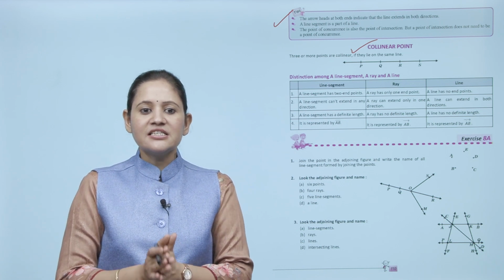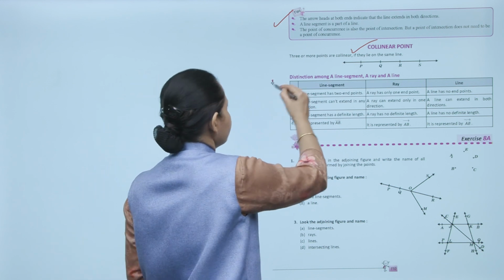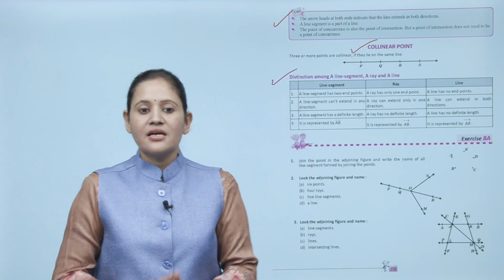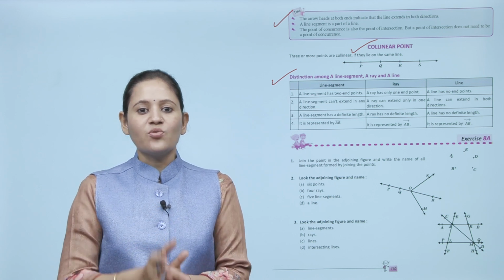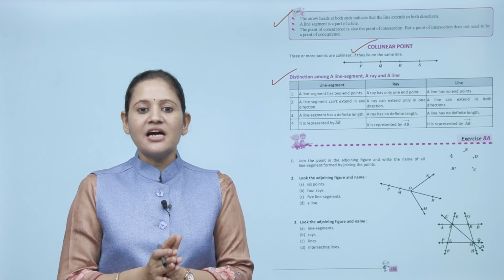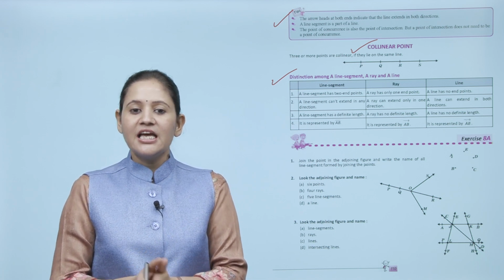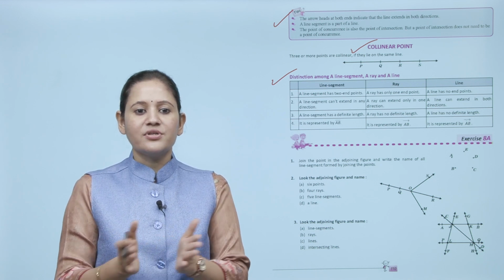Next, distinction among a line segment, a ray and a line. A line segment has 2 endpoints, a ray has only 1 endpoint and a line has no endpoint. A line segment can't extend in any direction, a ray can be extended only in one direction and a line can be extended in both directions.